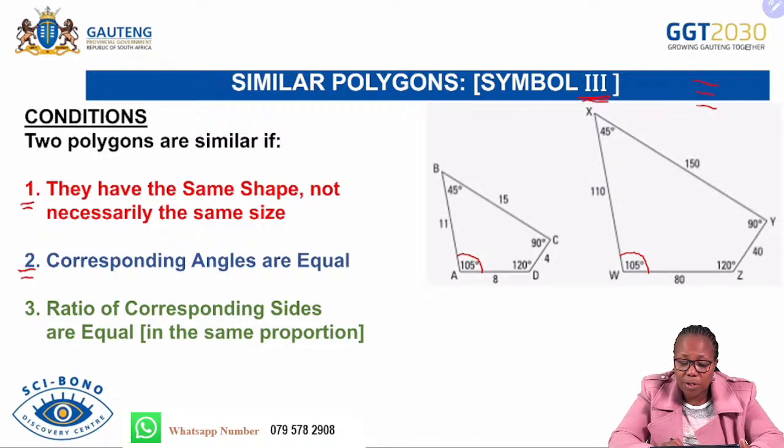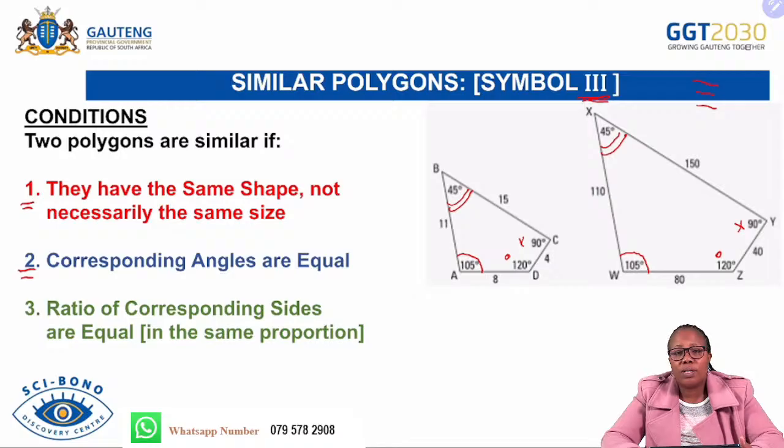B is 45 degrees, and angle X is also 45 degrees. Angle C is 90 degrees, and angle Y is also 90. Lastly, angle D is 120 degrees, and Z is also 120 degrees. So that is the second condition, that they must have equal angles.